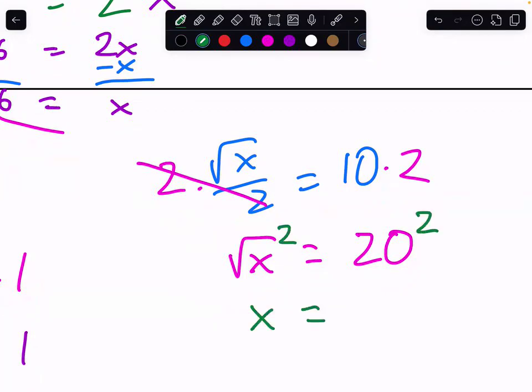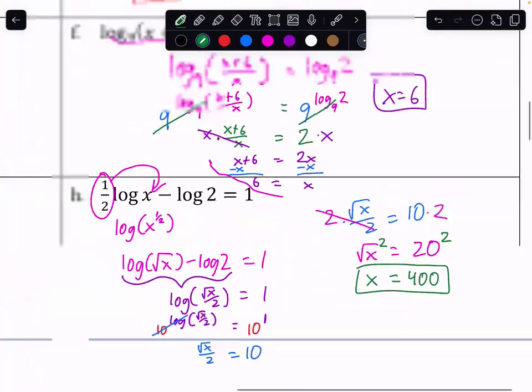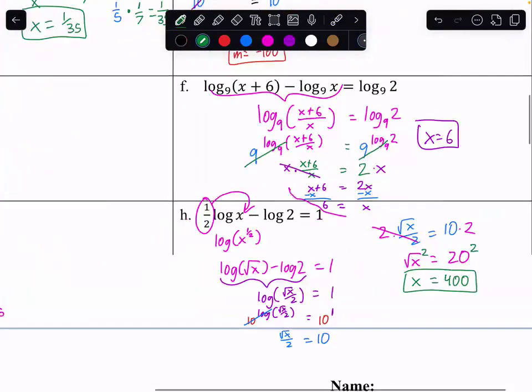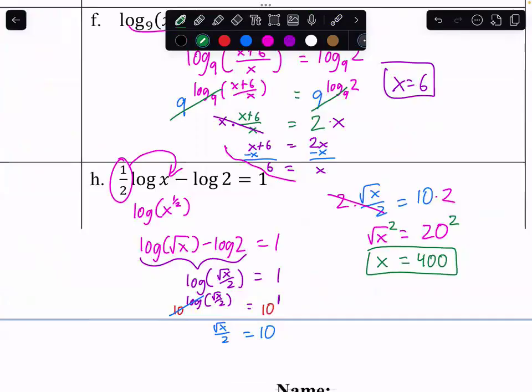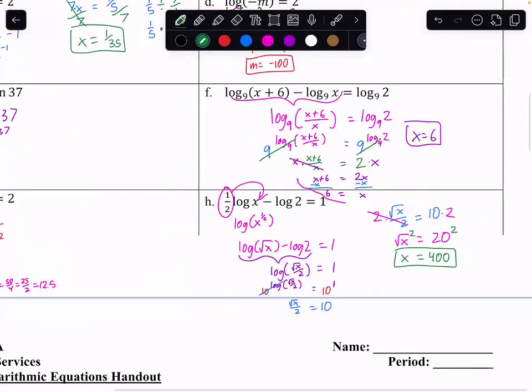So 20 squared, 20 times the second 20 would be 400. Okay, so questions on any of that?